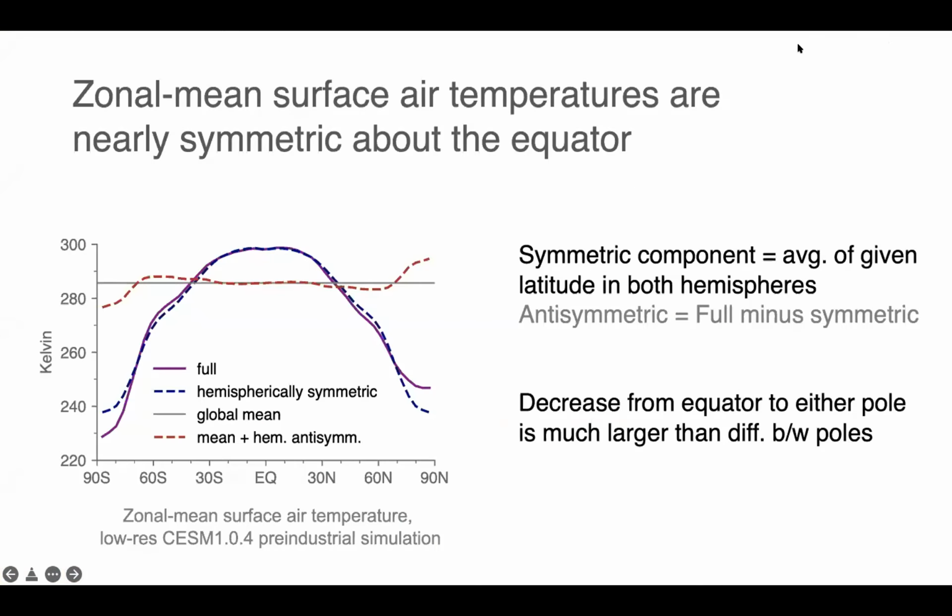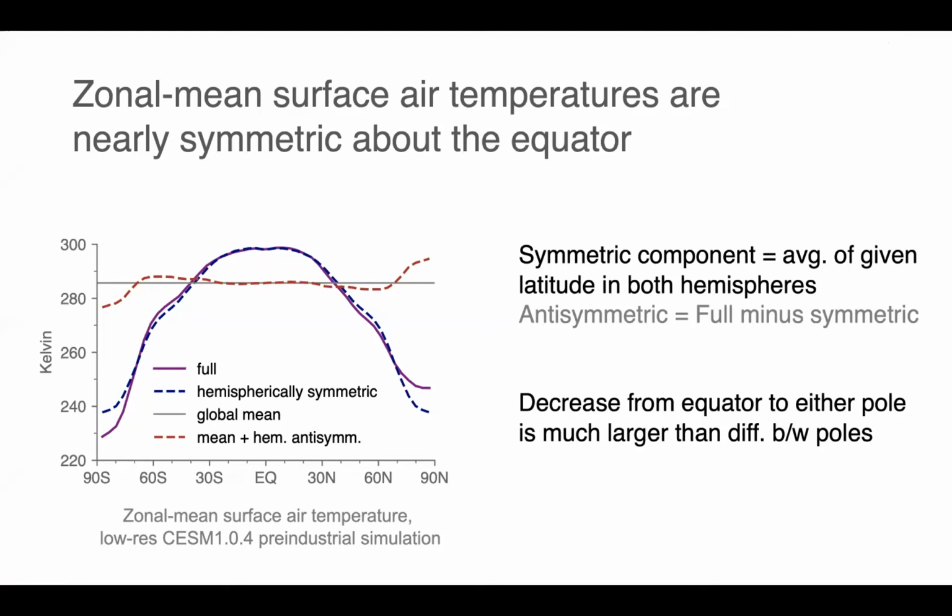So climatologically, zonal mean surface air temperatures are nearly symmetric about the equator. In other words, the decrease in temperature from low to high latitudes is much larger than the difference between either pole. You can see this in a CESM pre-industrial simulation here.